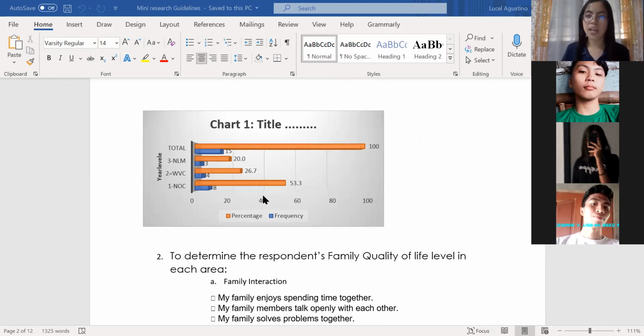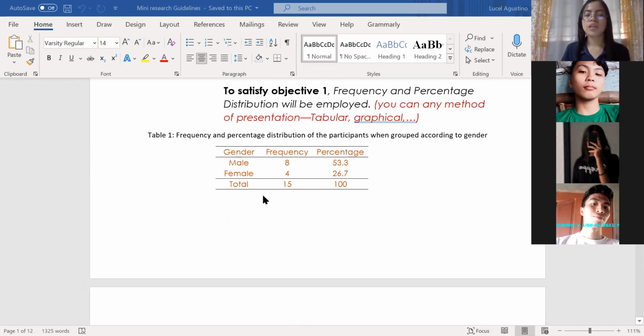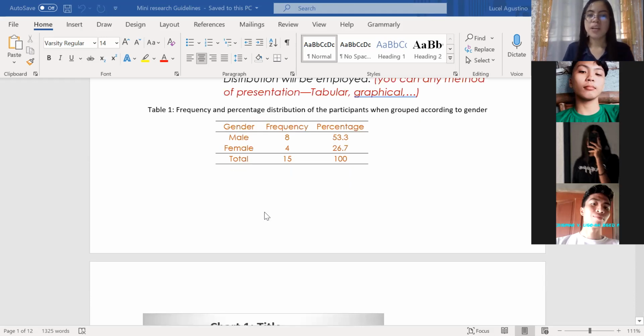And then textual. So remember, you can use graphical, textual, or tabular. Kay ordinary gina-gamit sila sa mga researches. And then, for example, table 1 is the frequency and percentage distribution of the participants when grouped according to gender.